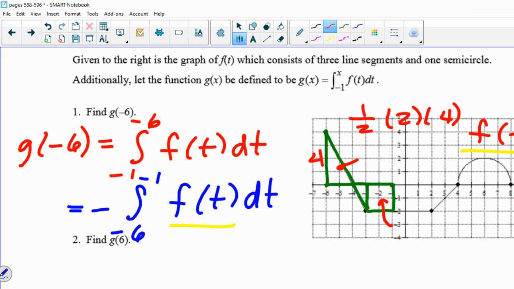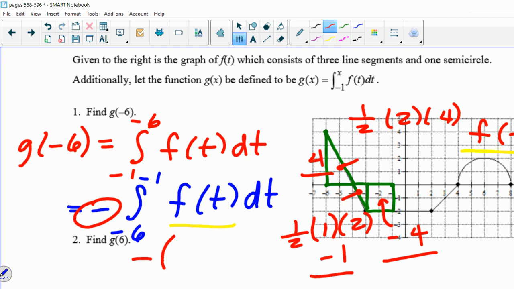That's a square, 4, but it's below the x-axis, so that's -4. This is half of the base times the height. The base is 1, the height is 2, so that's 1, but the whole thing's under the x-axis, so that's -1. So I've got 4 plus -1 plus -4. Looks to me like that is -1, but I've got the opposite of it. So that's 1. That's g of -6.